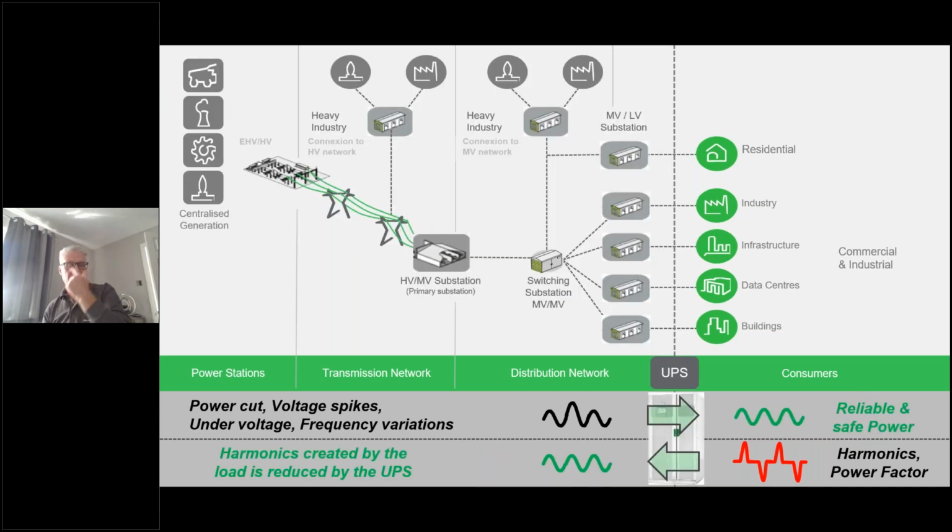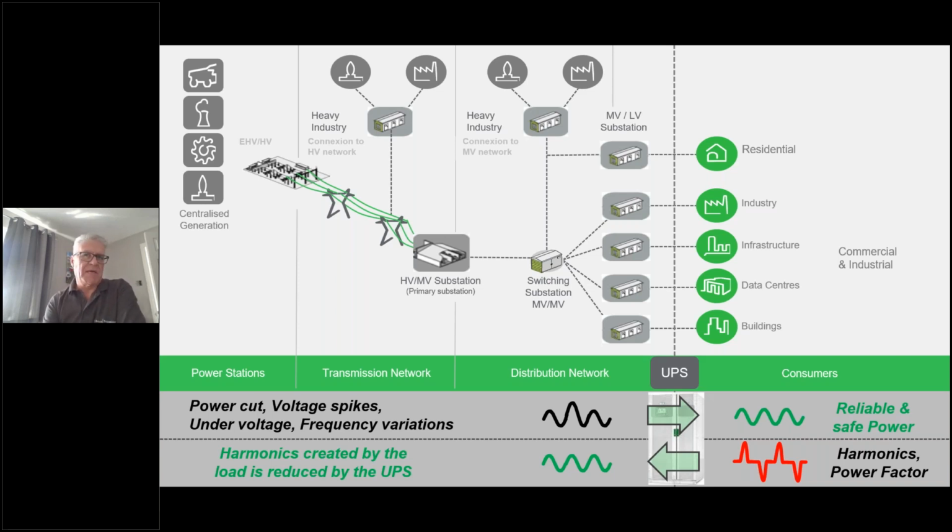What we can do at our endpoint is provide UPSs. So we allow the switching from HV to MV to come down to local LV systems. We can put that LV supply through a UPS, and that will assist to alleviate the effects of voltage spikes, under voltage and frequency fluctuations, and provide reliable and safe power at an ideal, perfect sine wave.